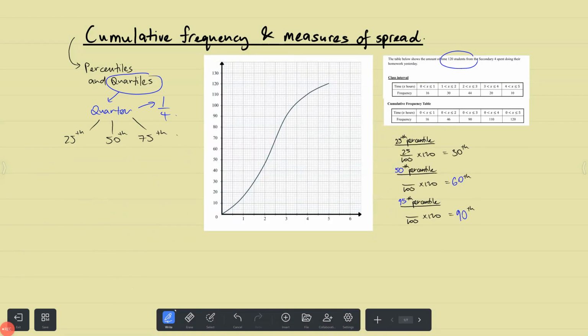So let's draw our lines to represent this split in our quartiles, caused by a quartile. So 90, you have one of them over here. Next, you have your 60 halfway through, which is your 50th percentile. Over here is our 30th. So what do you notice?